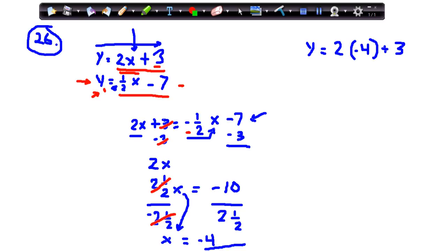Okay, and then y equals, let's go ahead and work this out. Y equals 2 times 4 is 8. But since 4 is negative, the answer is going to be negative. So that's going to be a -8. And bring down the plus 3.